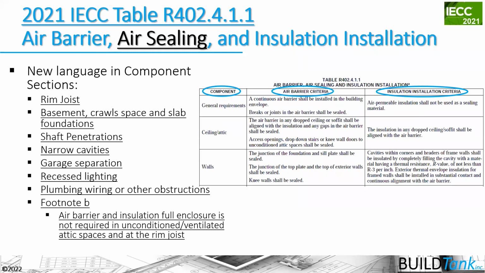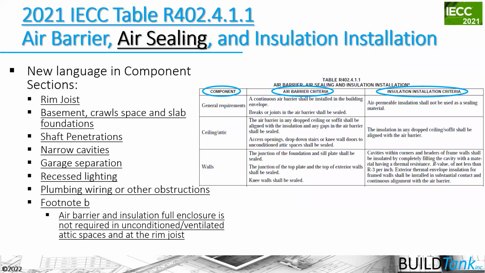So how this table works is the component is dropped down on the left-hand column. The air barrier requirement is in the middle column, and the insulation installation requirement is in the right-hand column. The general section is basically outlining general details.